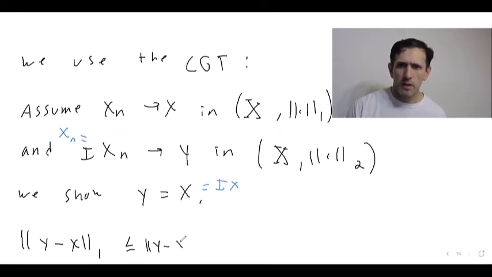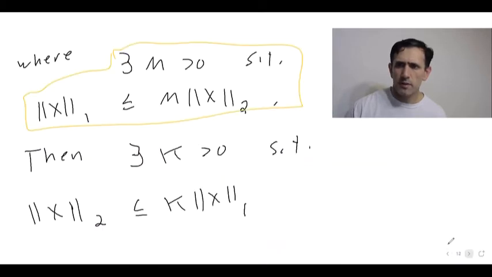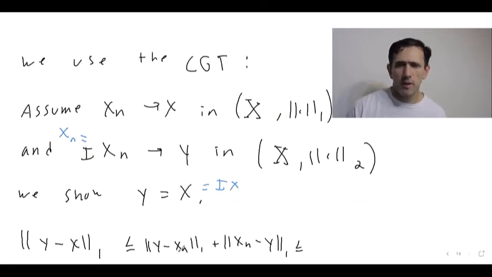So the 1 norm of y minus xn plus the 1 norm of xn minus x. So again, for the first term, we apply what's in the yellow. Instead of x it's y minus xn rather.